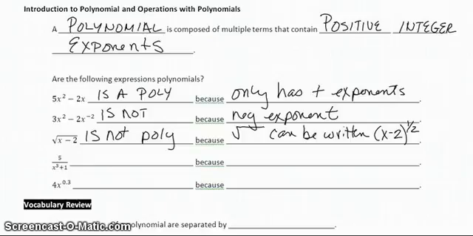Now I've got 5 over x cubed plus 1. What do you think? This one is not a polynomial because we have a variable in the denominator.